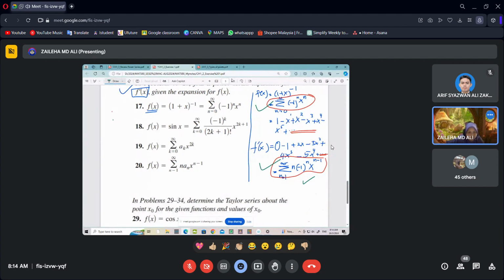Are you okay? And then you can do problems 18, 19, and 20. Expand in an infinite polynomial and then find the derivative using the power series. Remember, the formula is just the same as when you differentiate a polynomial. Bring the power to the front and then the power minus 1.